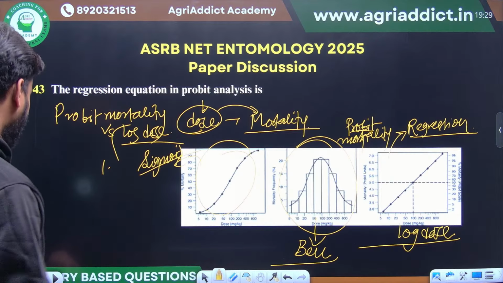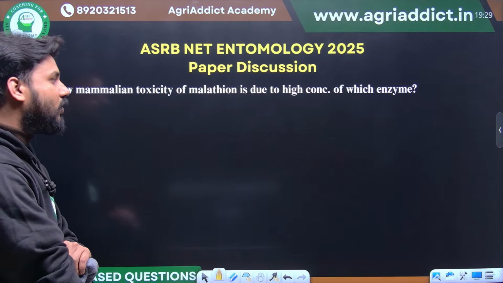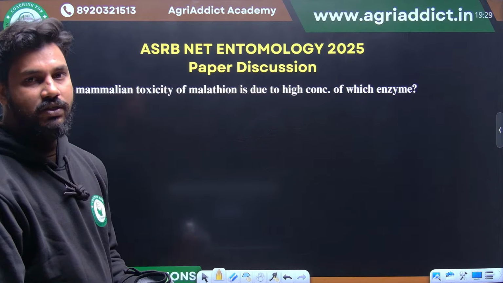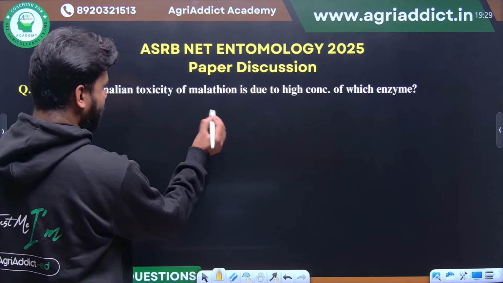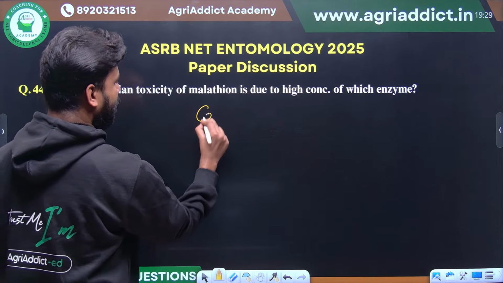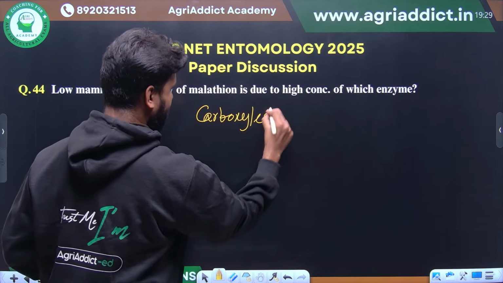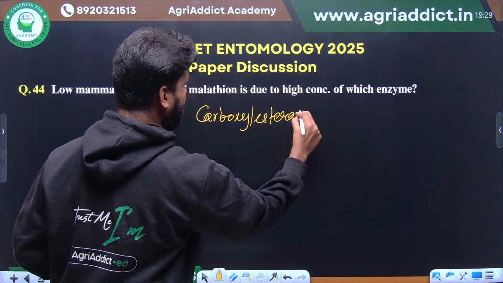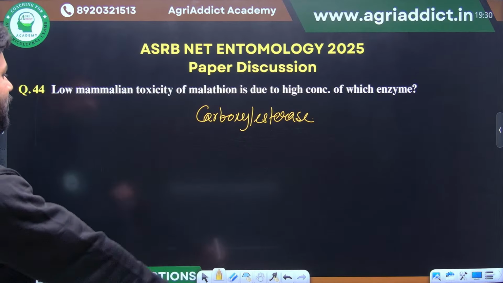Okay. The next question is, low mammalian toxicity of malathion is due to high concentration of which enzyme? The answer will be carboxylesterase. So what it will do?